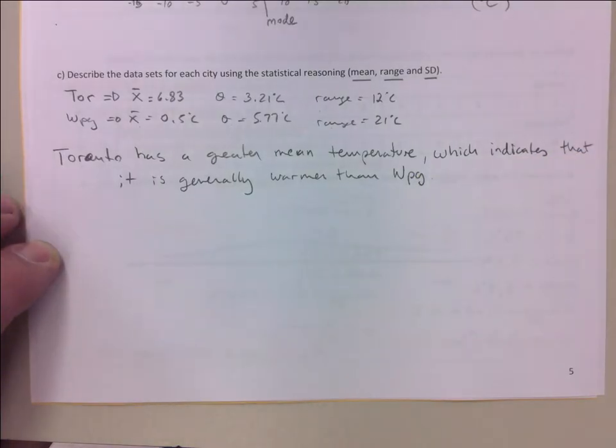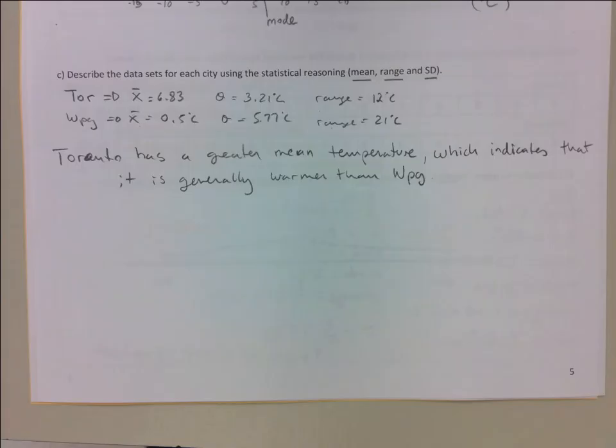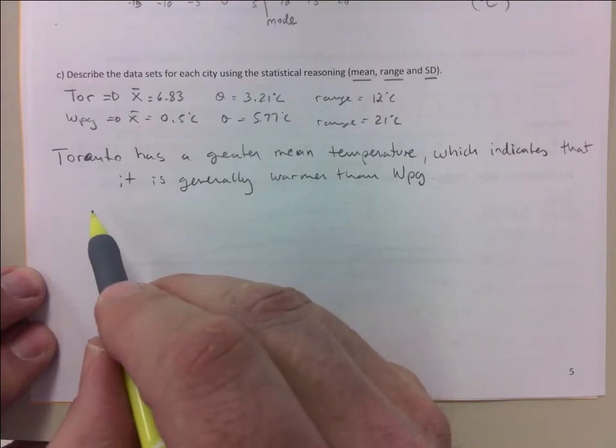Okay, so you talked about the mean. What does a higher average mean? That in general, the general trend is that it's warmer in Toronto. Okay?